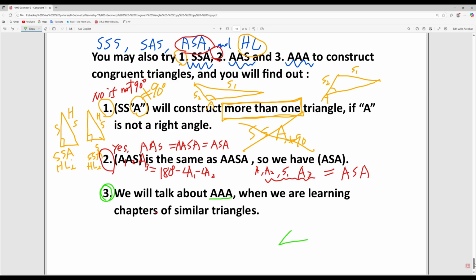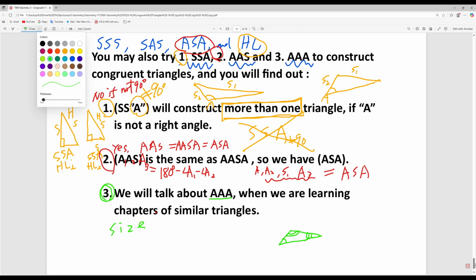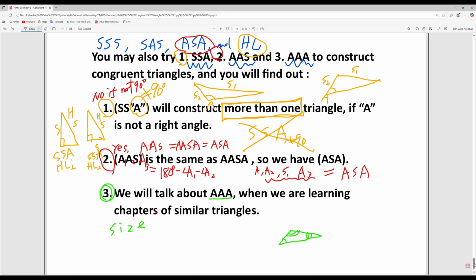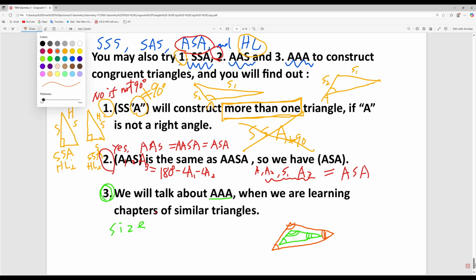So you didn't tell me the size of the sides. So with angle 1, angle 2, angle 3, with the same angles, we can construct many different triangles. 1, 2, 3, and you can try more.